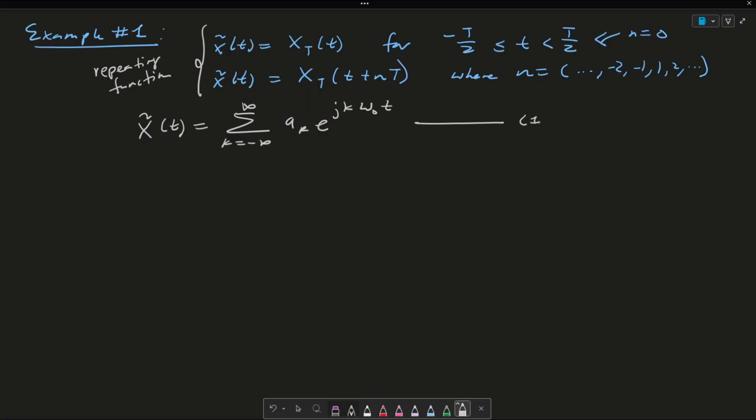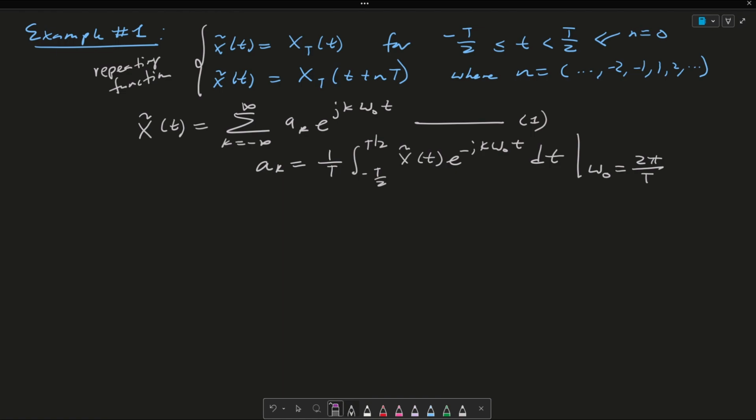Let me call this my equation number 1, where again from our Fourier series video, we know that a k is equated to 1 over T integral from minus T over 2 to T over 2, x tilde of t e to the minus j k omega naught t dt. Again, I just want to point out that the fundamental frequency omega naught is equated to 2 pi over my period T.